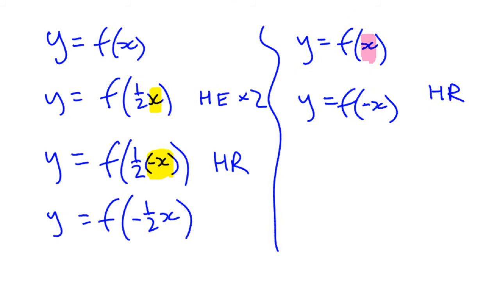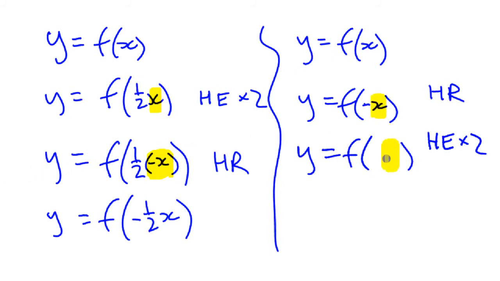And then the second change we're going to make is our other transformation, horizontal expansion times 2. So in this case, we now change that x to a half x. But that negative's still there, right? So when you end up with something there, it doesn't make a difference.